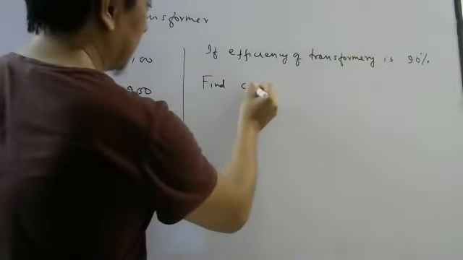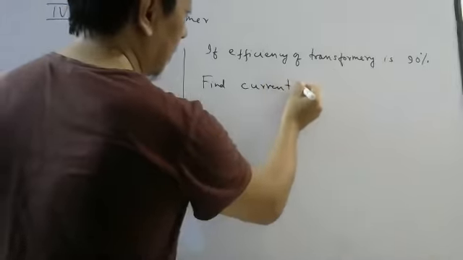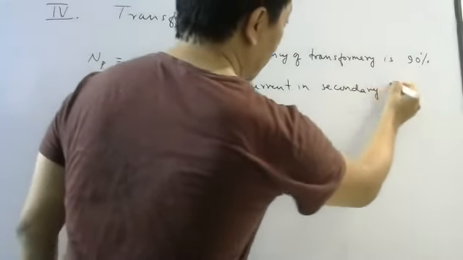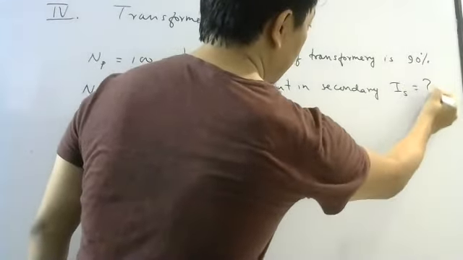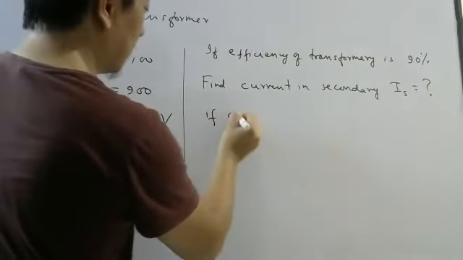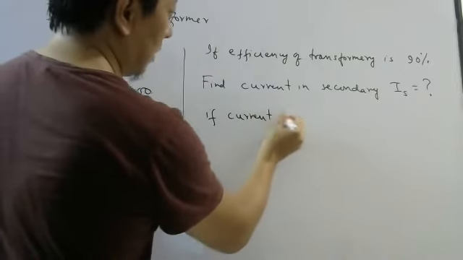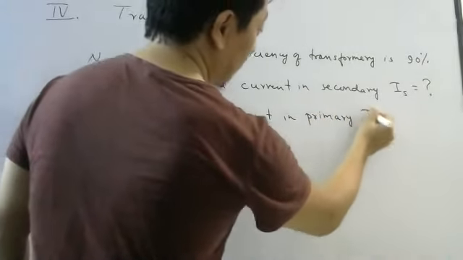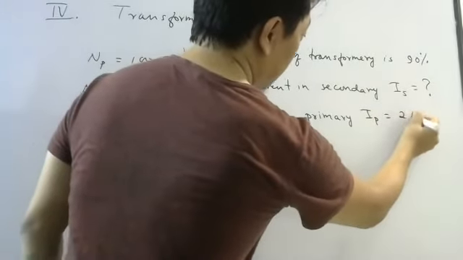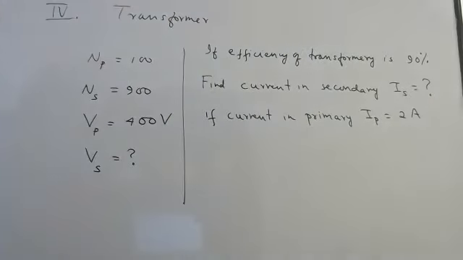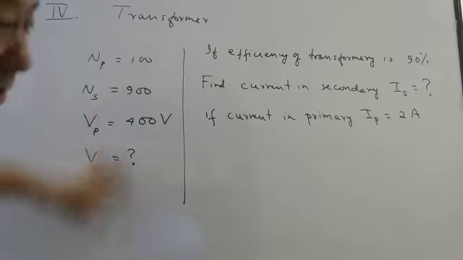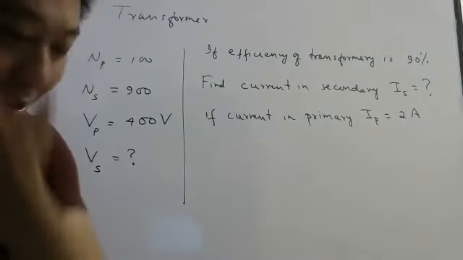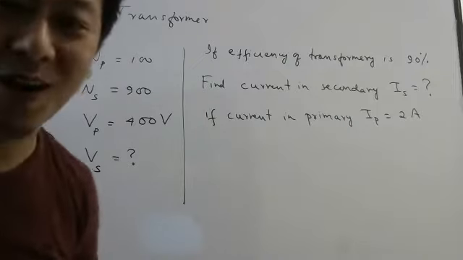Find current in secondary, that is IS, if current in primary is equal to 2 ampere. Okay, so one part is here, another part is here. Then only a 5 mark question comes. If I ask only this, how will it be 5 mark?